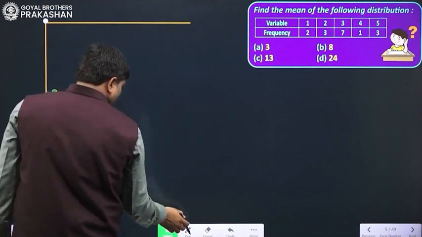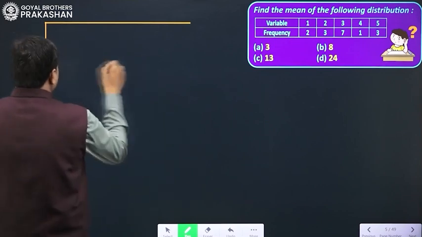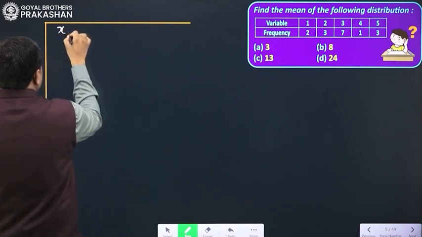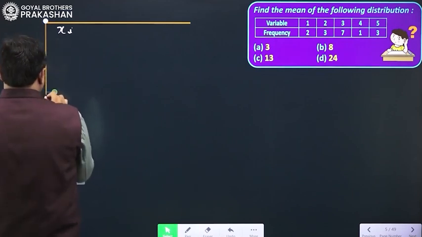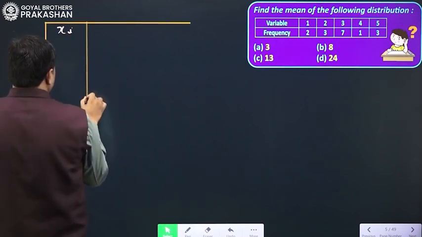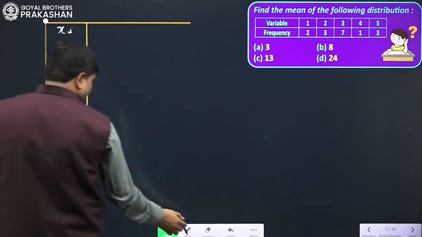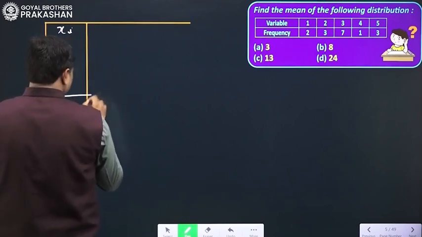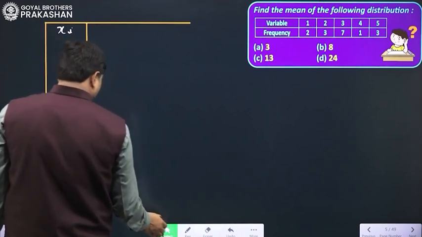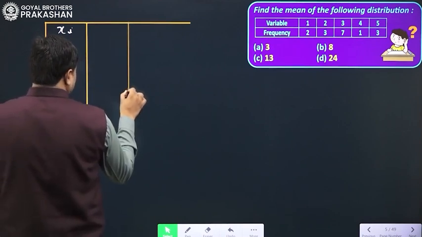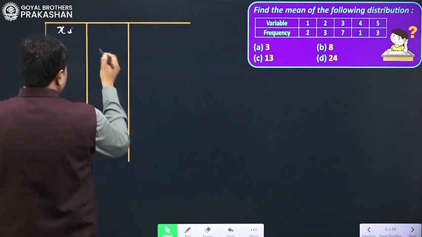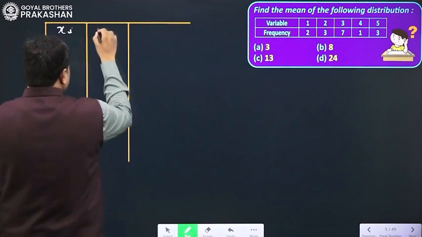So what we need, first we have to write the values of xi. Corresponding to xi, we have to write the values of frequency also. So suppose this is a column for frequency.